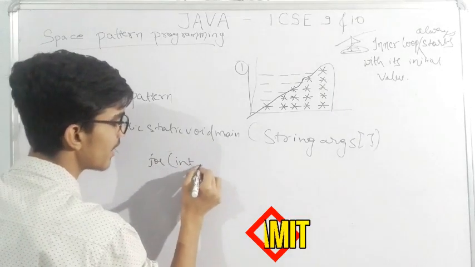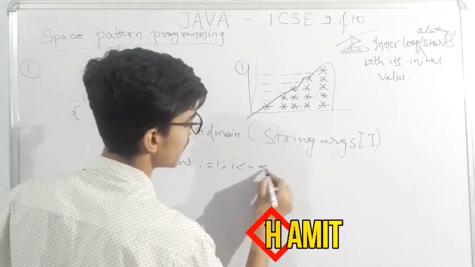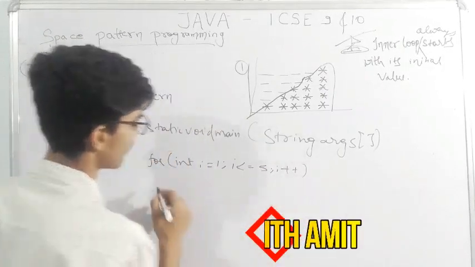for int i is equal to 1, i is less than equal to 5, i plus plus.